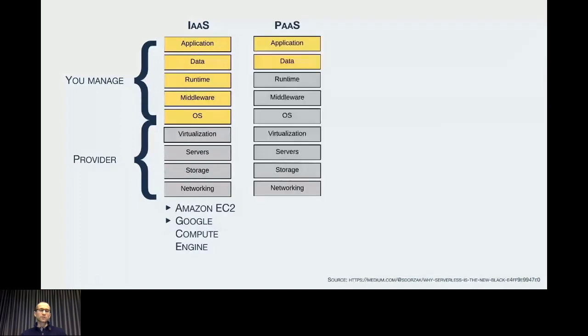In the next model, which is platform as a service, as you can see, there are fewer layers we need to take care of, and more responsibility goes to a provider. There's an example of that using AWS Elastic Beanstalk, Heroku, or Google App Engine. And there is another model, which is function as a service.